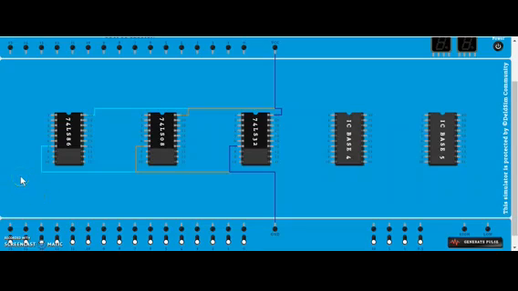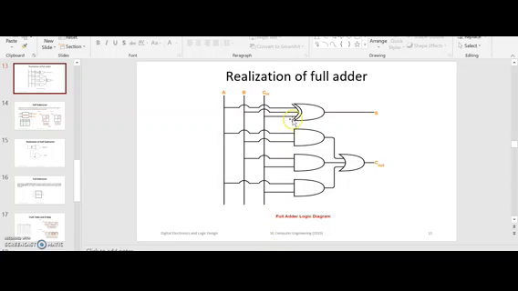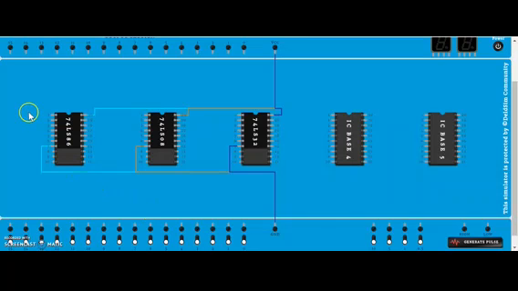Now we will start giving input. So for the first XOR, we have A, B, and C in as input. So this first pin I will connect to input 0.